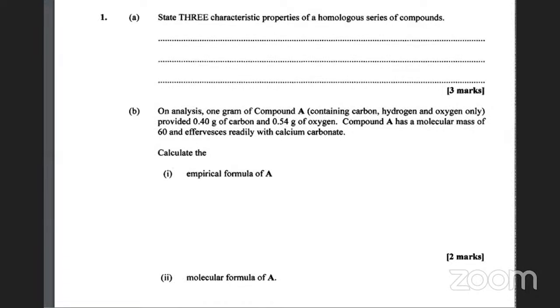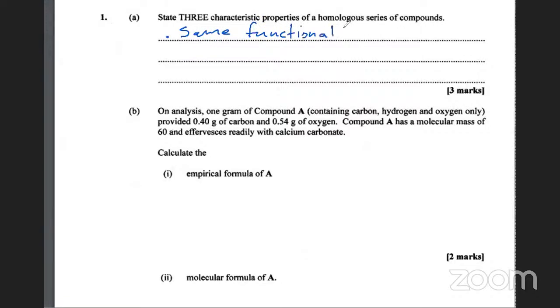State 3 characteristics of a homologous series. All of you should be able to do that. Do it quickly. Members of a homologous series, anybody want to mention any property quickly? The same functional group. Same functional group. Anything else?